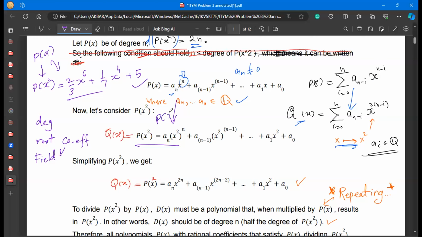When you have p of two variables x and y, then you can simply write the same thing with coefficients a sub i, j, x to the power n minus i, y to the power n minus j, in some representation, summation notation. That is called summation notation. And I don't know whether you can always write polynomials of two variables in the roots notation.